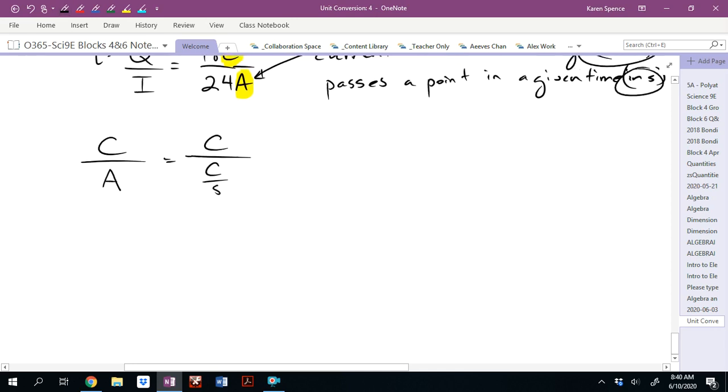Now what we have here is a complex fraction. I want you to go through this with me.